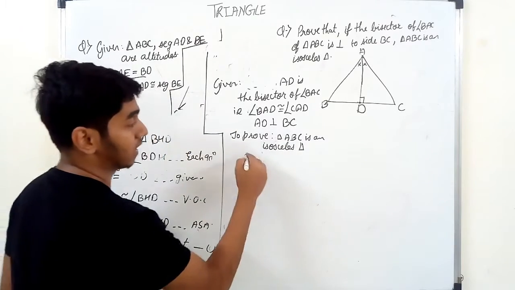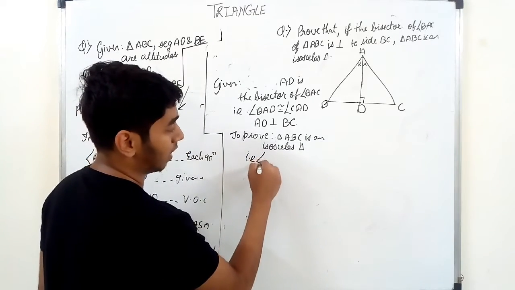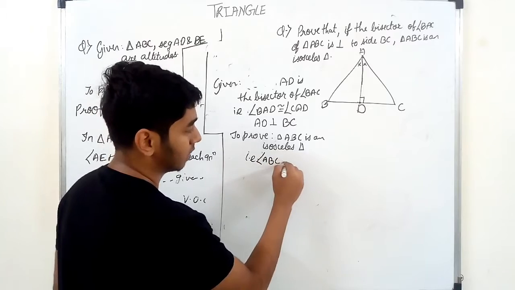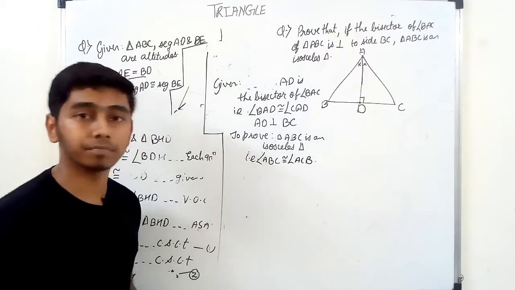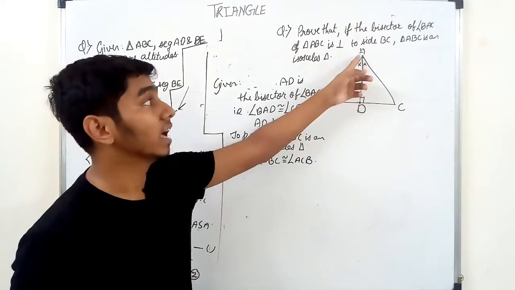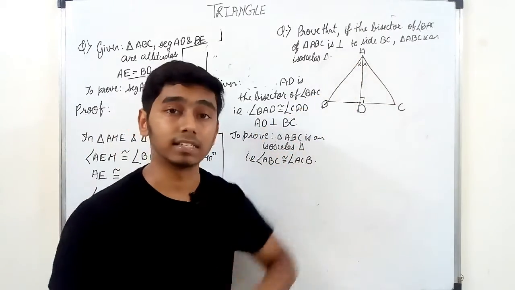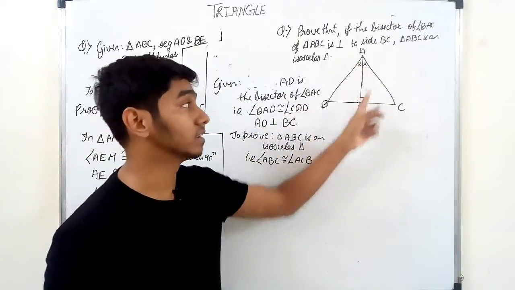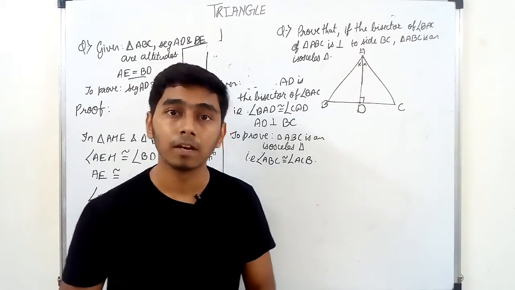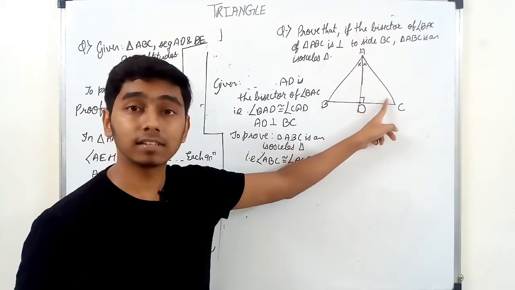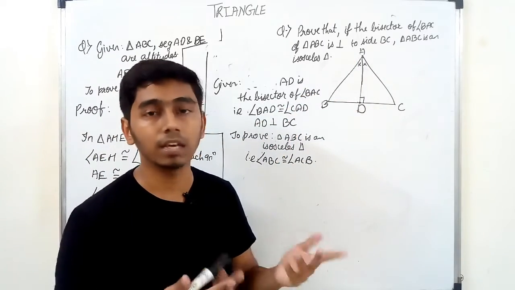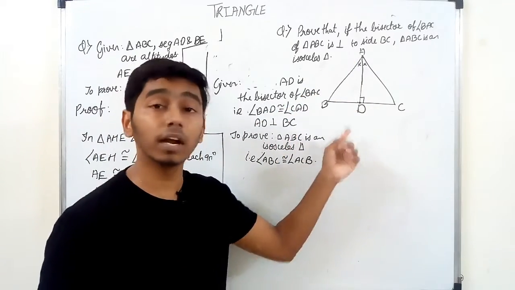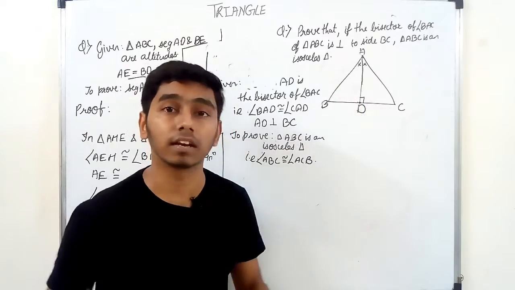So we'll just write that, to prove angle ABC is congruent to angle ACB. Yes or no? Or we can say if we prove AB congruent to AC, then also we can say that this is an isosceles triangle. So either prove these two angles congruent or prove AB and AC congruent. Any one. And if you are able to do that, then this is an isosceles triangle.